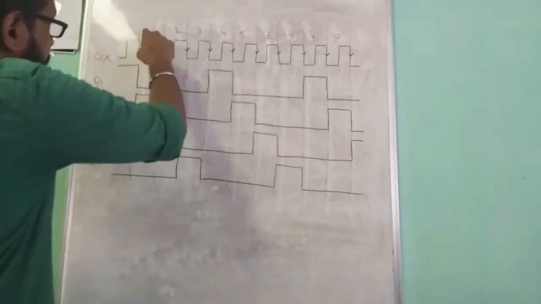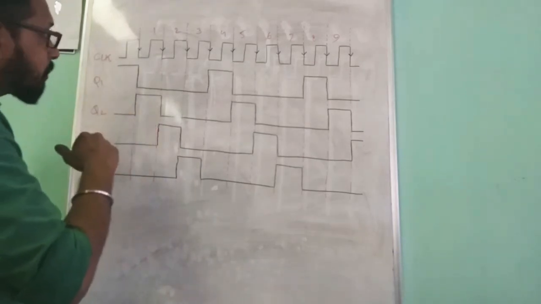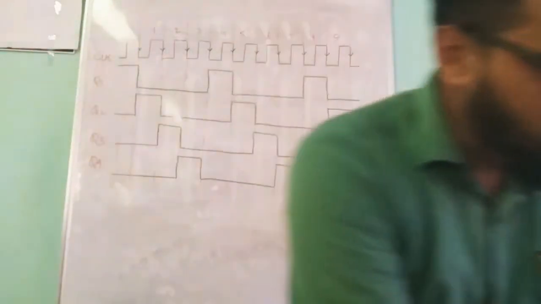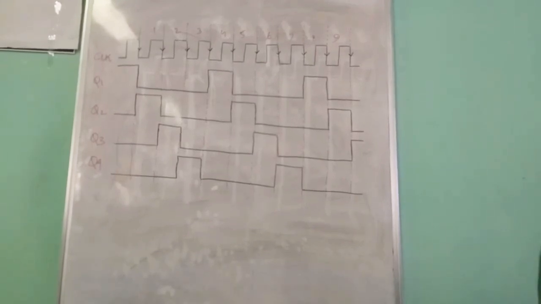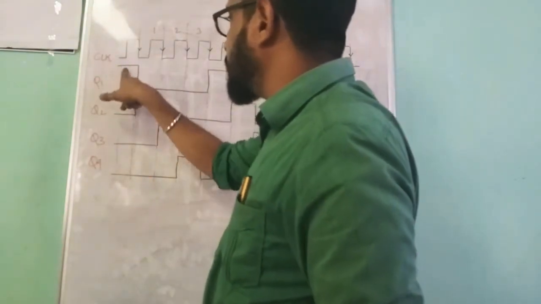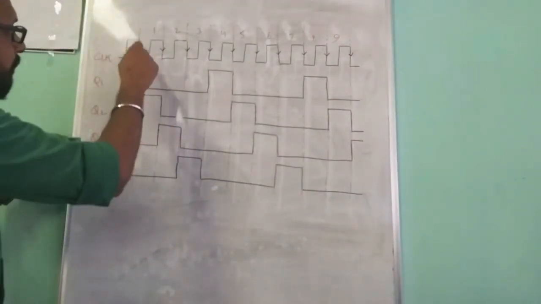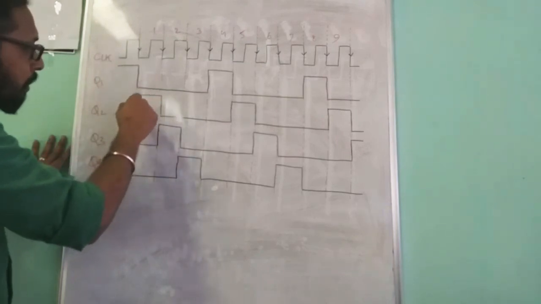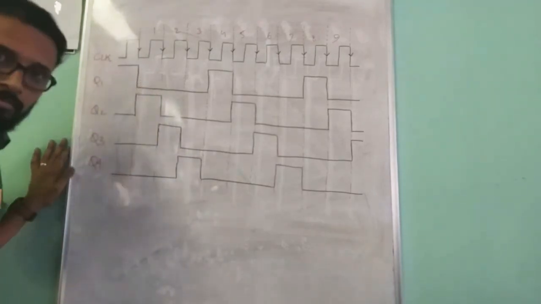And in the case of the first clock pulse, what happened? Initially it was 1000, and in the first clock pulse, Q2 becomes 1 and all the other values are zeros.